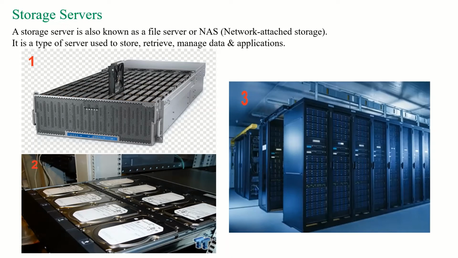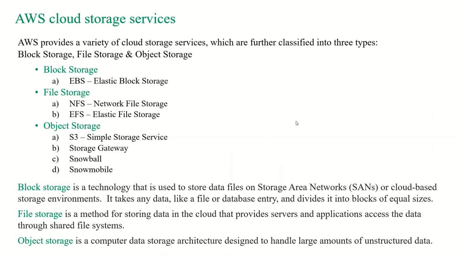What are all the different types of storages offered by AWS? All right. So AWS Cloud Storage Services: AWS provides a variety of cloud storage services, which are further classified into 3 types: block storage, file storage, and object storage.